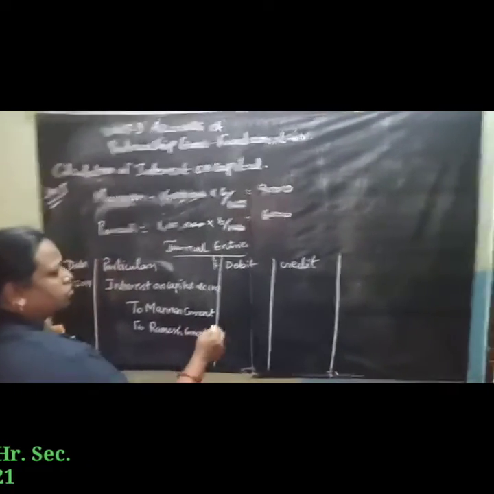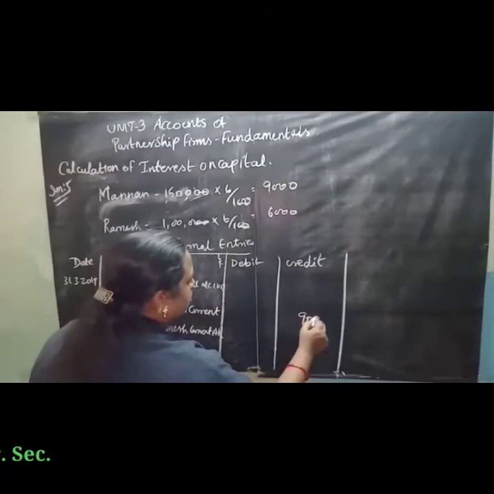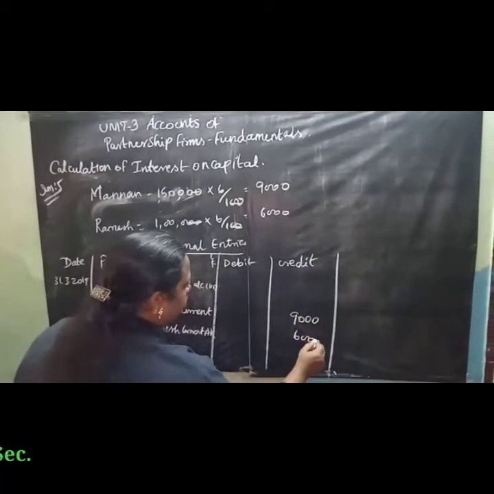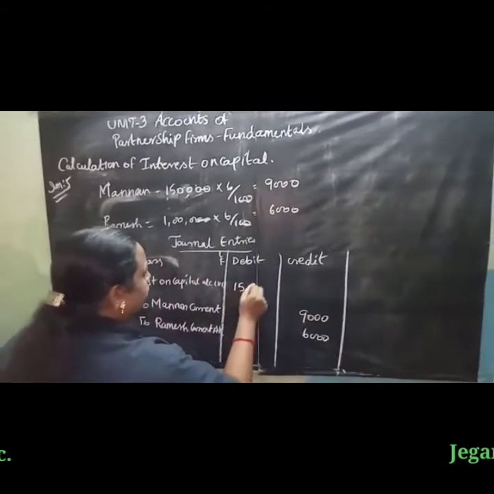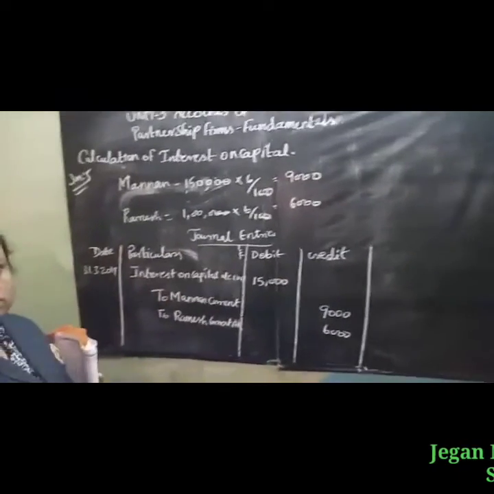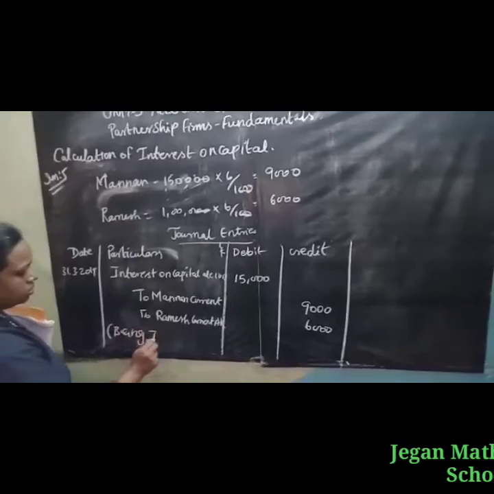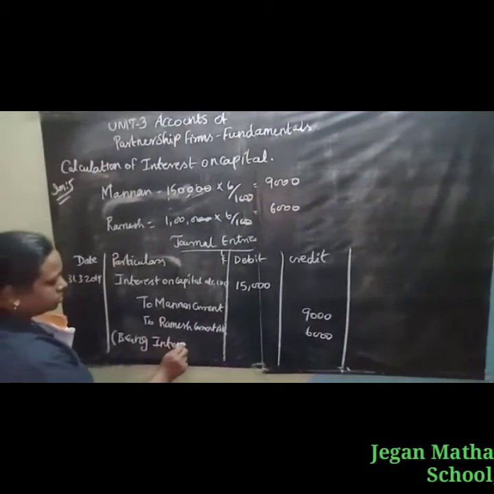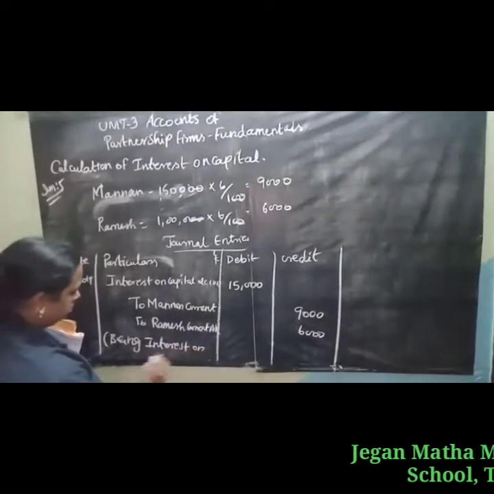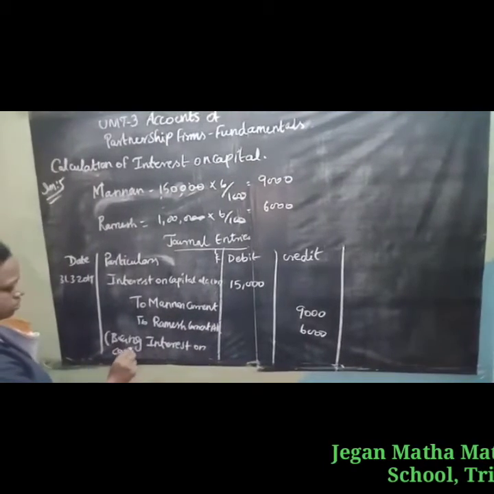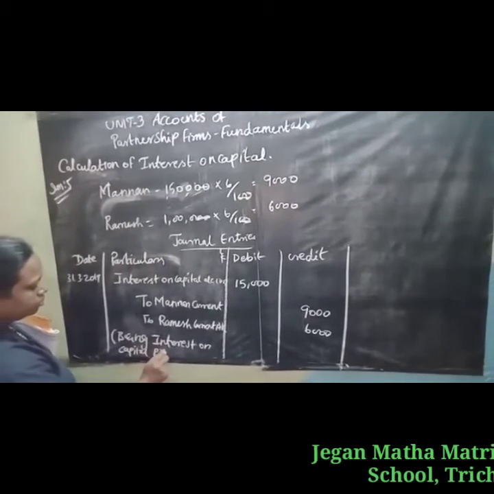So for Manan amount 9,000, for Ramesh 6,000, so total 15,000. Being interest on capital provided.